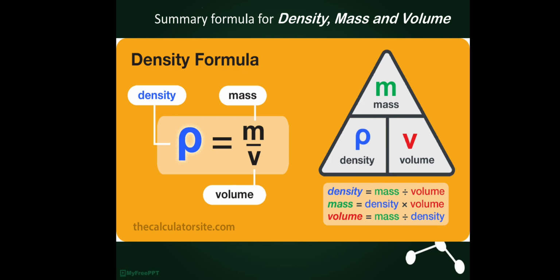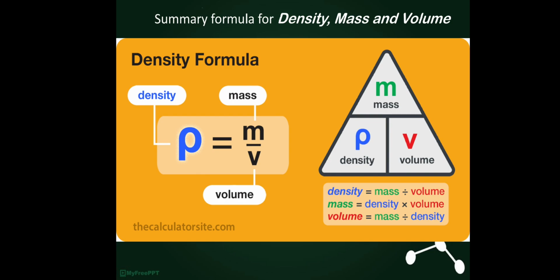For the density formula, we have density, mass, and volume. For density, you have to divide the mass and volume. For the mass, you have to multiply the density and volume. And for the volume, you have to divide the mass and density. This triangular image here will definitely show the summary formula for density, mass, and volume. If you will be looking for density, the mass is divided by volume.